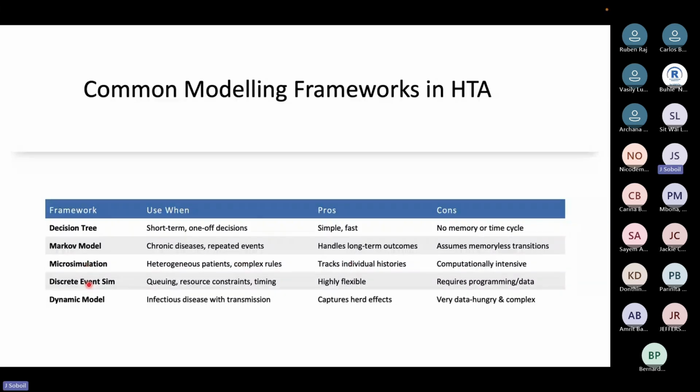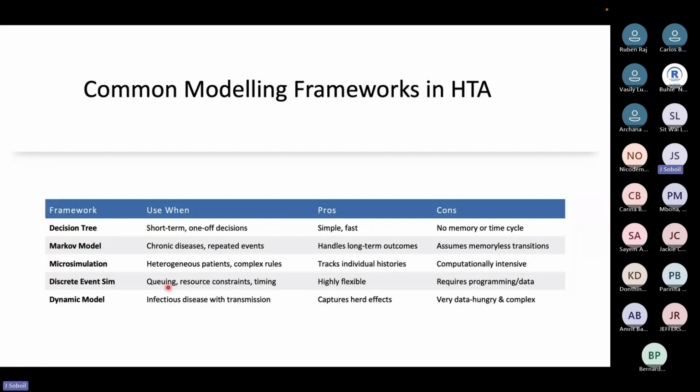And then discrete event simulation. This is quite a new thing, and it's similar to microsimulation, but it uses events as basically your health states.